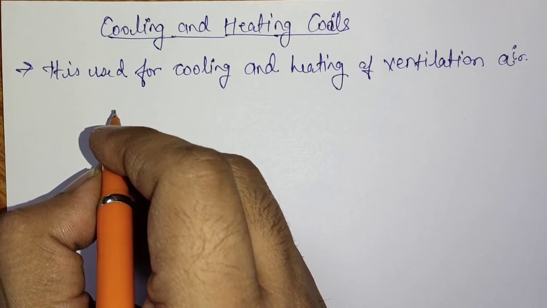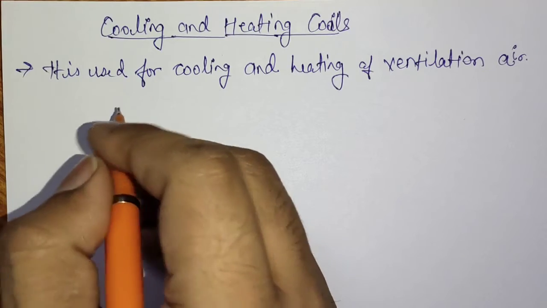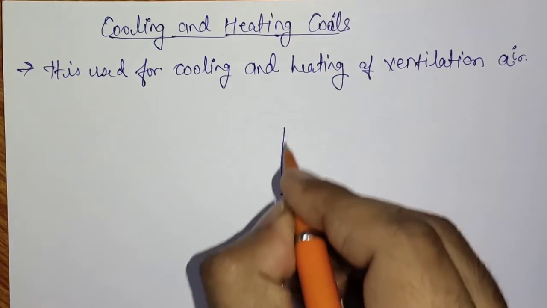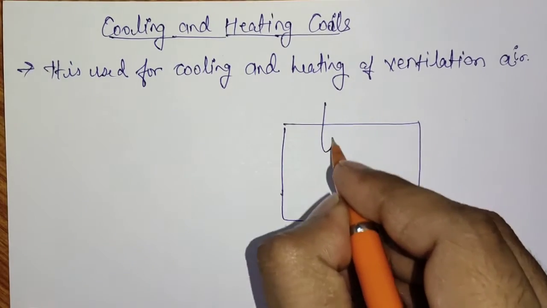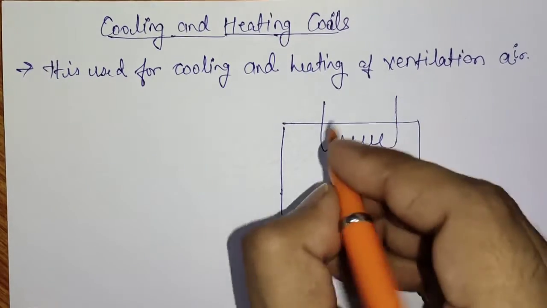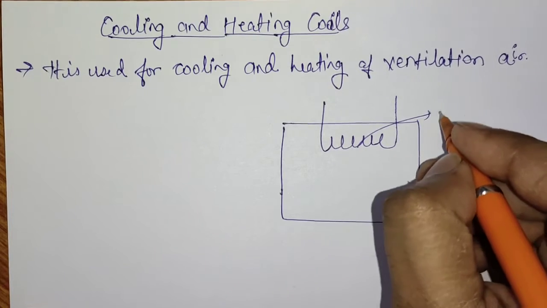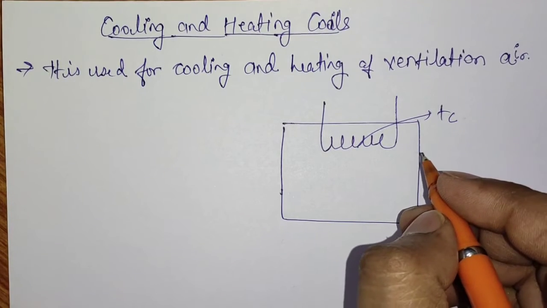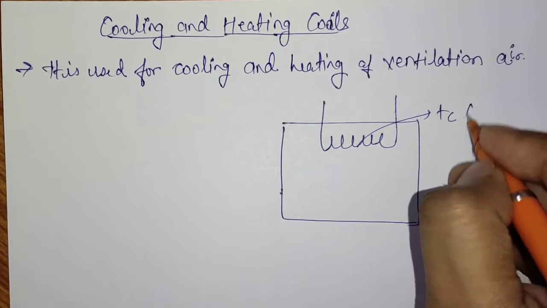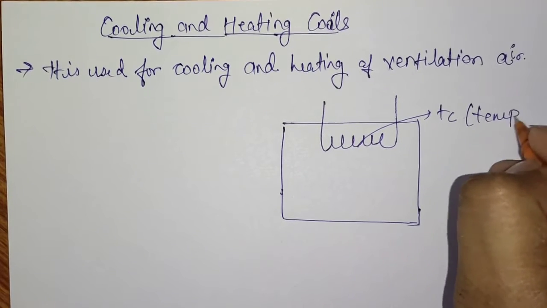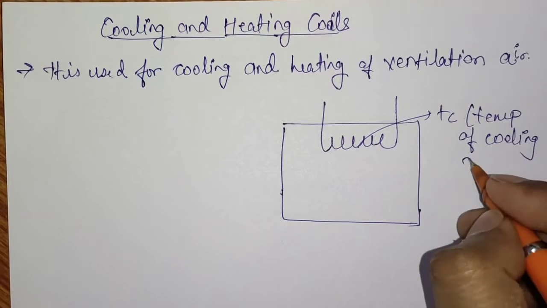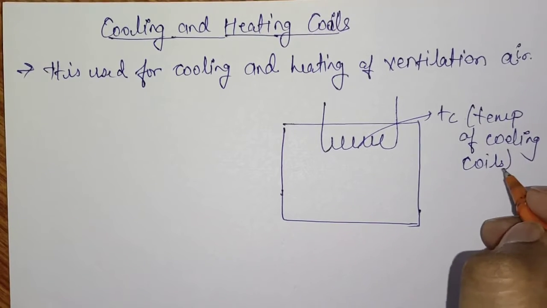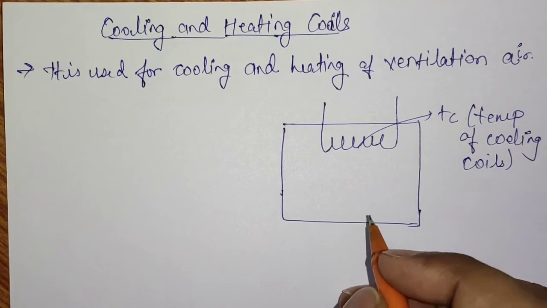Now, for cooling of air in an air conditioning system, there is a cooling coil at a certain temperature called Tc, that is, the temperature of the cooling coil.